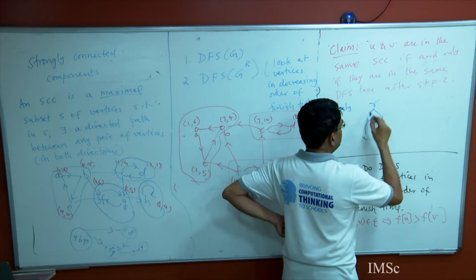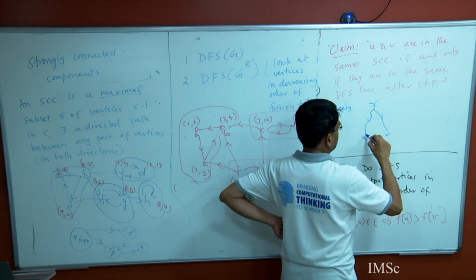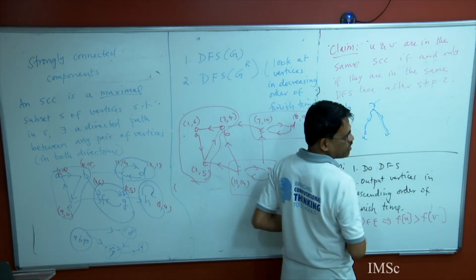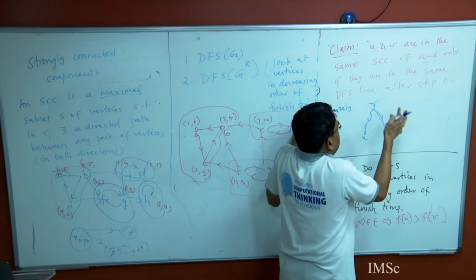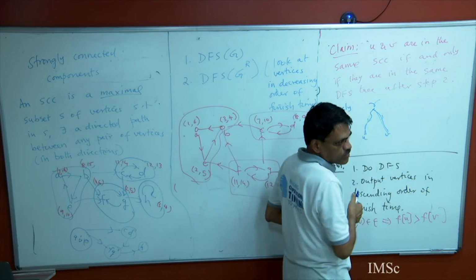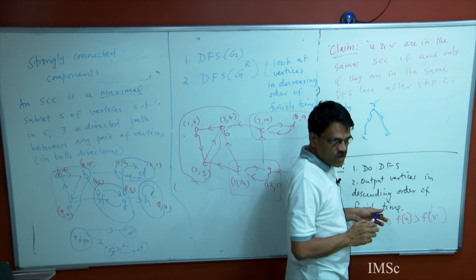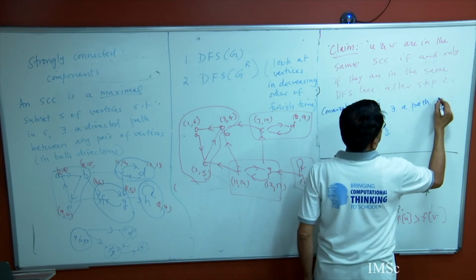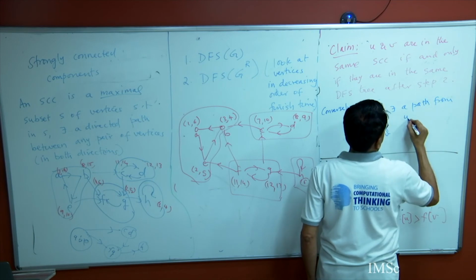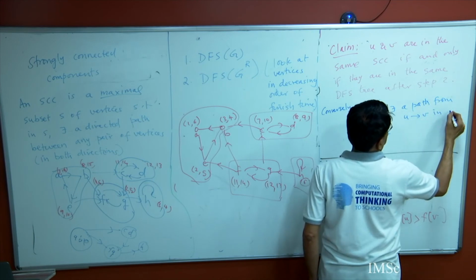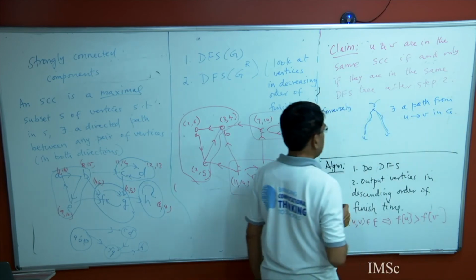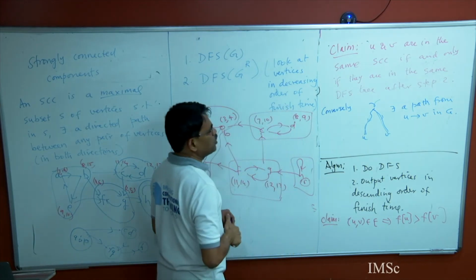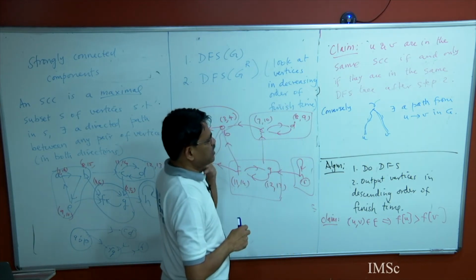So there is a path from U to V is clear, because you can go from R and then come back to V. This may not be a simple path, but you can extract out a simple path, right? So there is a path from U to V in G. Now I want to argue that there is a path from V to U in G as well, then I'll be done.